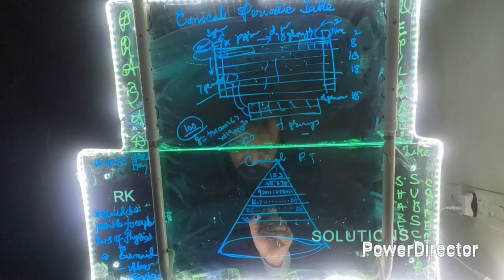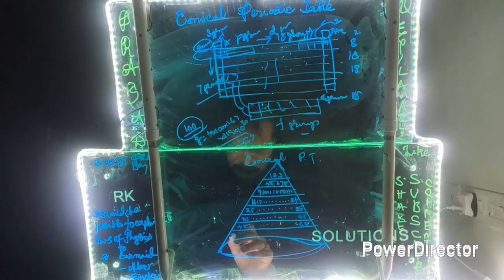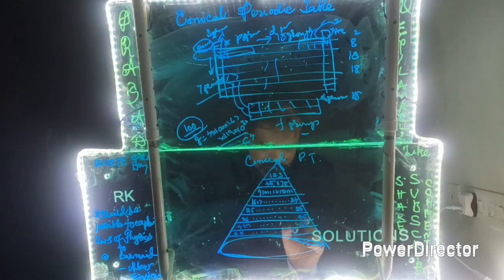Starting with 36, this would end up with 48. Here, starting with 48, it will end up with 63. This will end, starting with 64. I'll tell you why I took those particular numbers. 80.